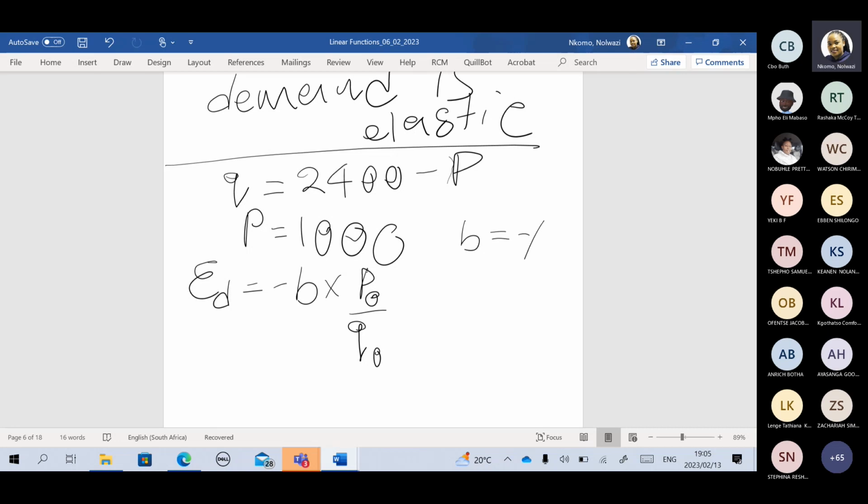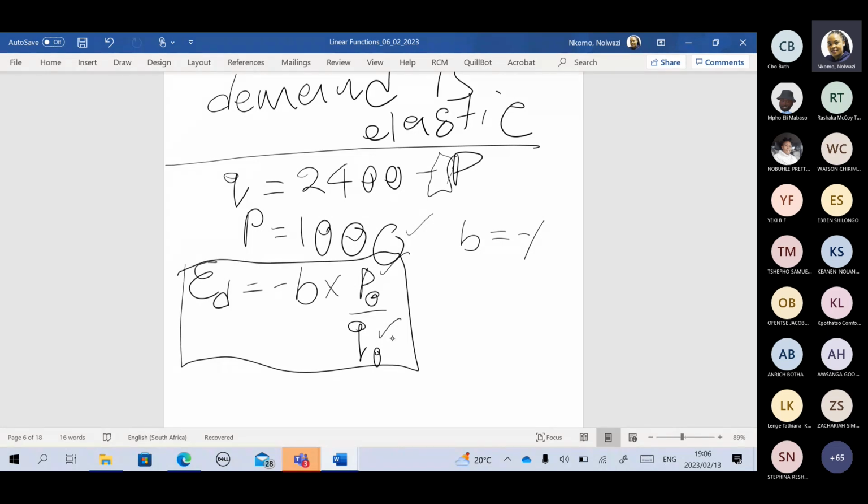Because the slope here is minus 1. Remember, the slope is always the coefficient of the independent variable, which is P in this case. Okay, and we have our P, and we need Q naught for us to use this formula.